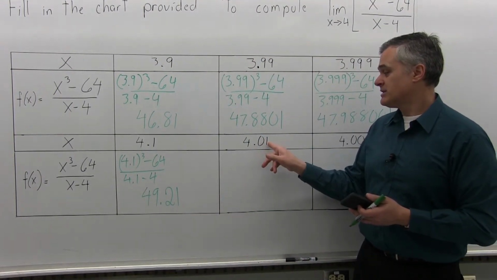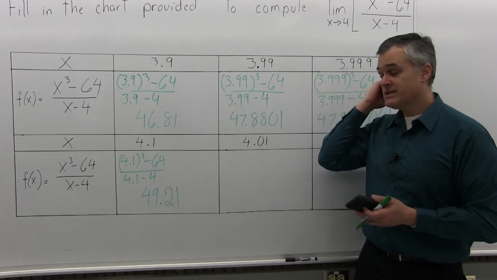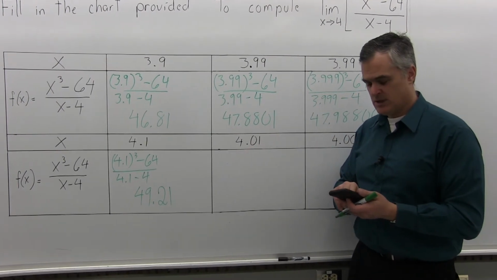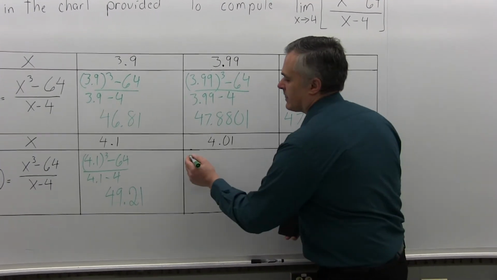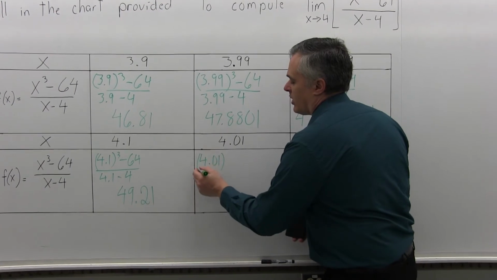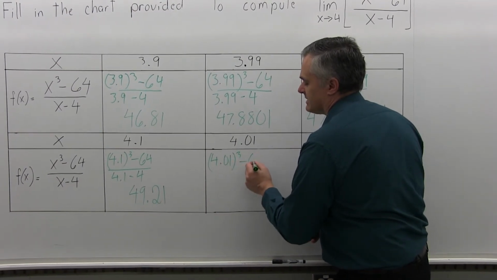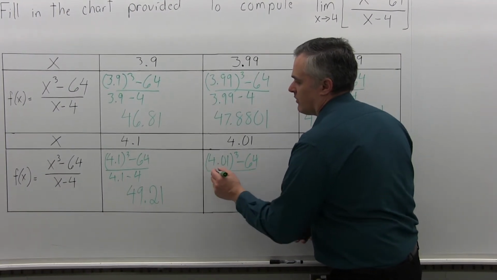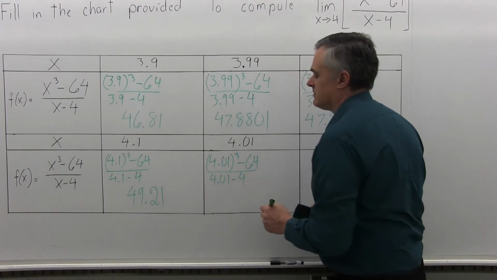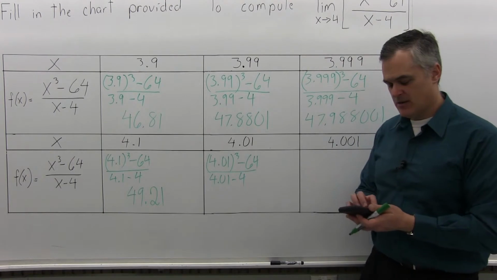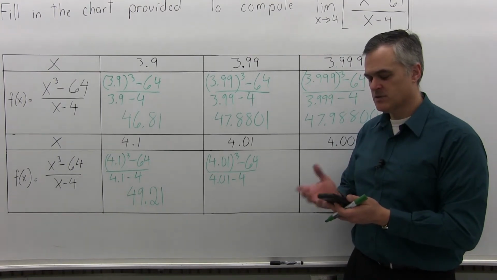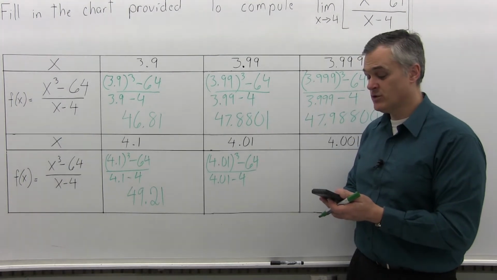In the next box, I will use an input of 4.01. That's getting a little closer to an input of 4. So when I do, x to the third will be 4.01 to the third minus 64 over x minus 4, now 4.01 minus 4. And I'll do the math for that. 4.01 third power gives me 64.481201.